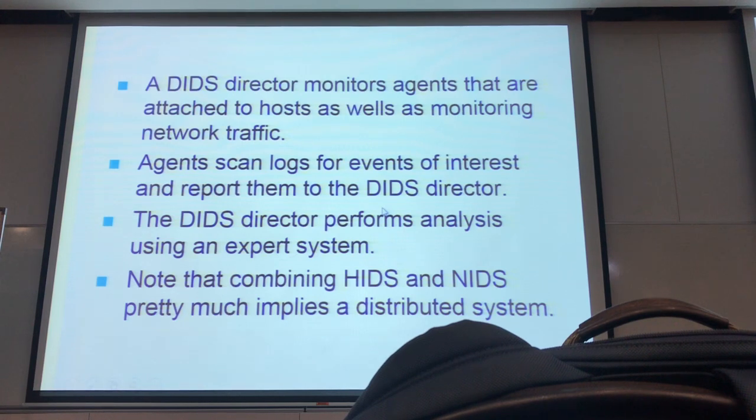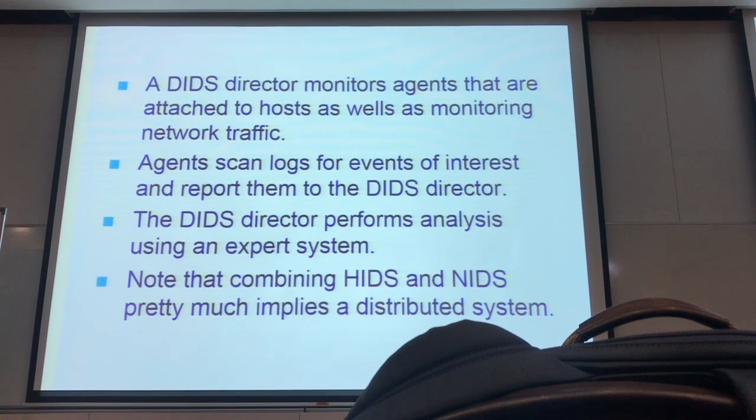Right, so now the distributed intrusion detection director will monitor the agents, and the agents are attached to different hosts in the network. So now the expert will do the analysis, the intrusion detection, for the whole network, right? You have individual agents attached to different individual hosts, and you also have agents attached to different routers or gateways of the network.